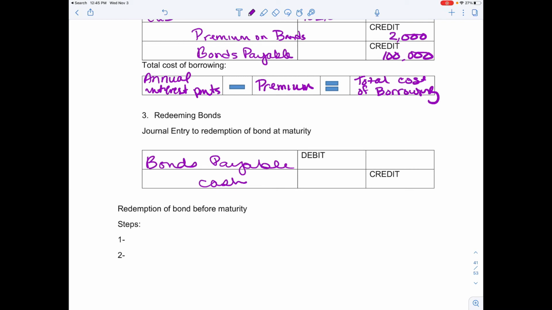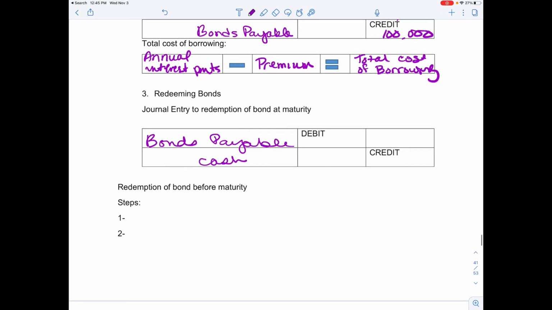If that's the case, you have to figure out how much is that carrying value of the bond and eliminate that. So we're going to eliminate the carrying value. And we'll show you how to do this in those journal entries.